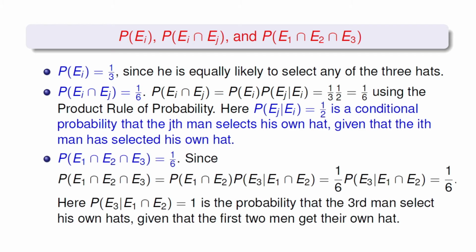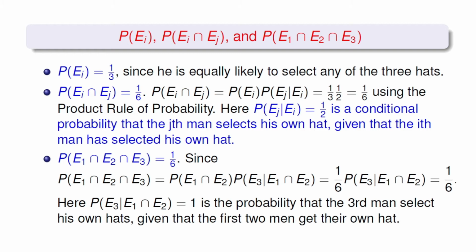Finally, for the probability of the intersection of all three events, we are going to use the generalized product rule. We view E1 intersect E2 as one event and then use the product rule.